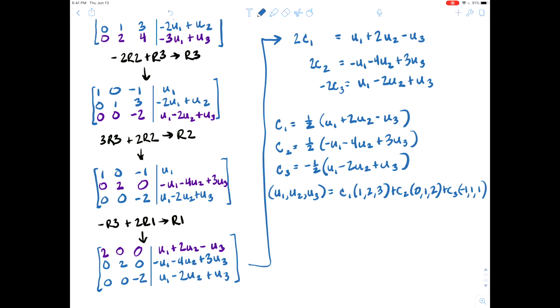That was our whole plan. Well, we found these values, right? We've got our C1, C2, and C3. So when we put these back in, it's going to be very abstract looking, but this is what will happen.